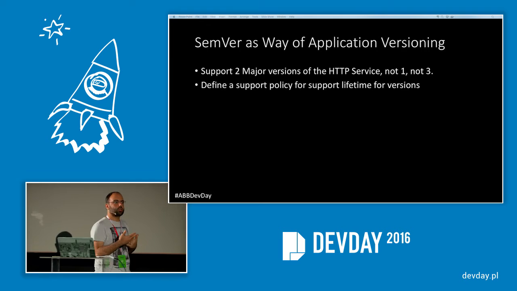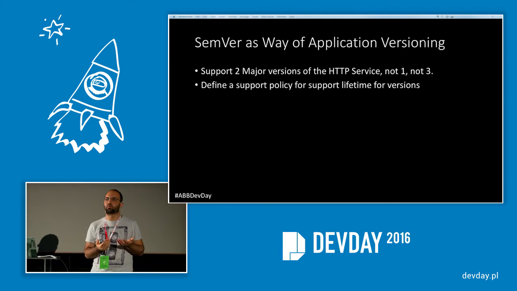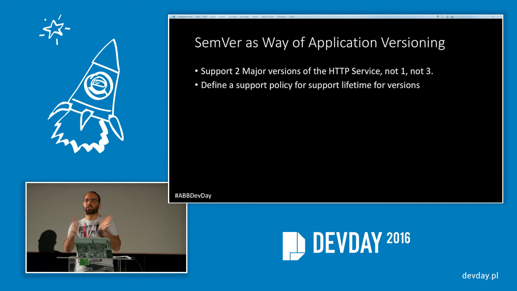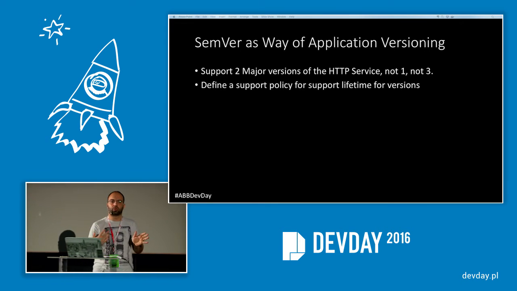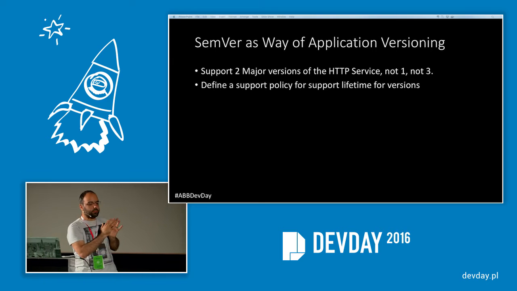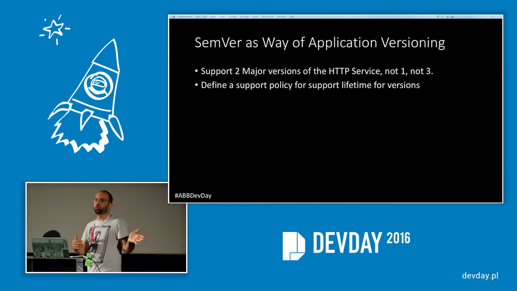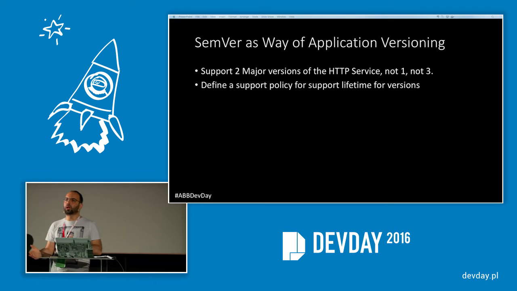But this requires you to put a policy in place. For example, I only support the old version for 6 months or 3 months, whatever works for you, and whenever I release a new version, I'm going to kill the oldest one. You can define this in your SLA or some kind of policy.